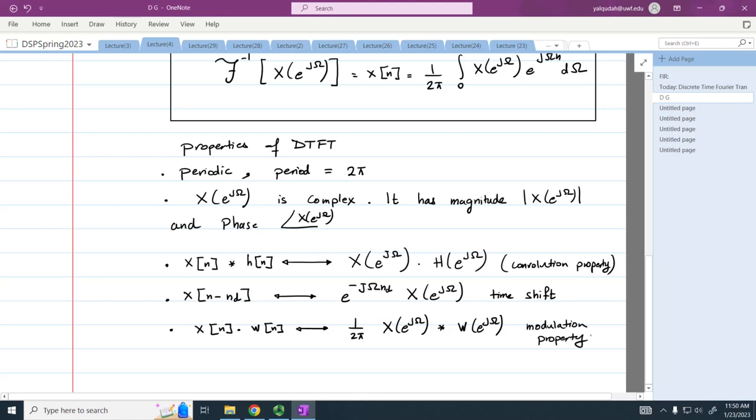Multiplication in the time domain is convolution in the frequency domain. Finally, the discrete time Fourier transform exists only if x of n is stable.